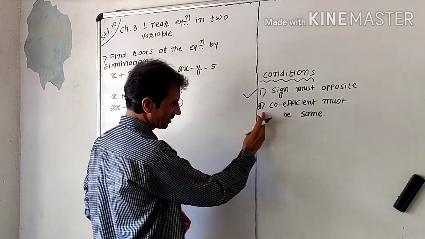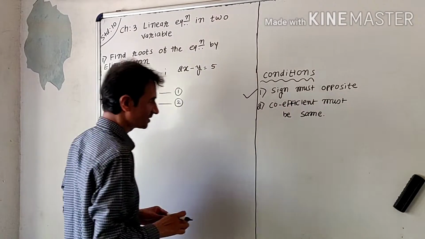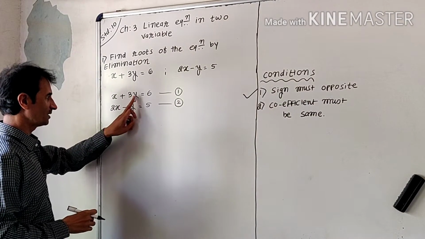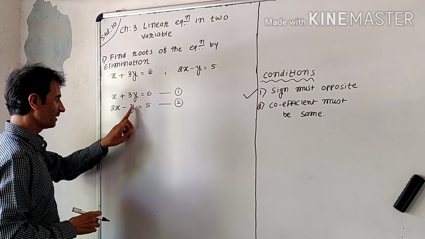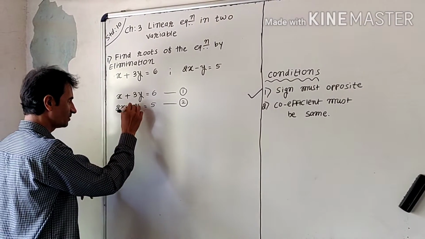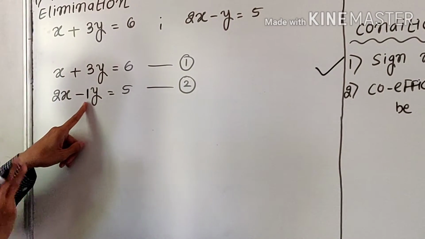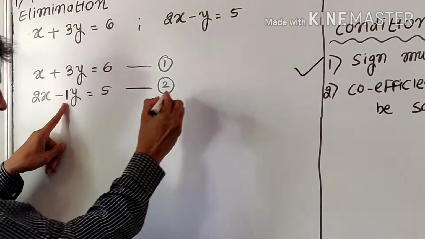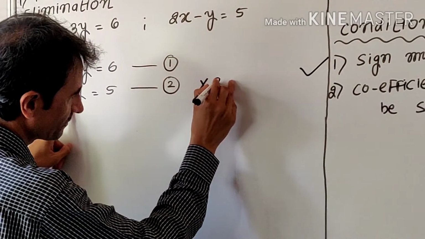What about the second condition? The coefficients must be the same. Here the coefficient of y is equal to 3 and here the coefficient of y is equal to 1. I want 3 here, so I want to multiply by 3 here.